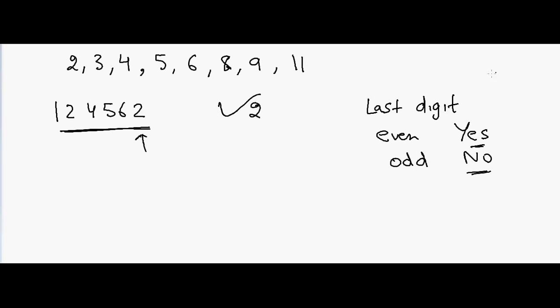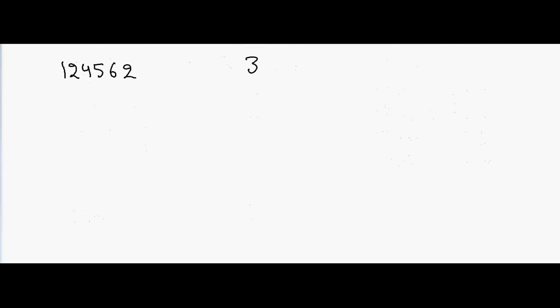Now let's talk about division by 3. If I have 1, 2, 4, 5, 6, 2 again, and I'm looking at whether it's divisible by 3 or not, in that case I'll add all these digits together. So 1 plus 2 plus 4 plus 5 plus 6 plus 2. That will give me 3 plus 4 is 7, 7 plus 6 is 13, 13 plus 5 is 18, plus 2 is 20.